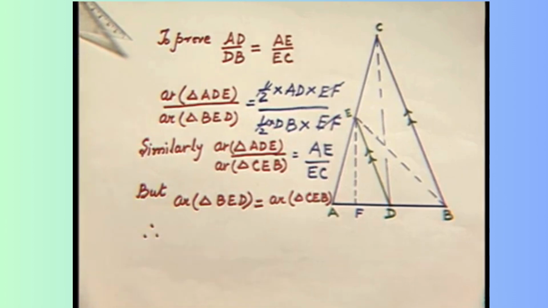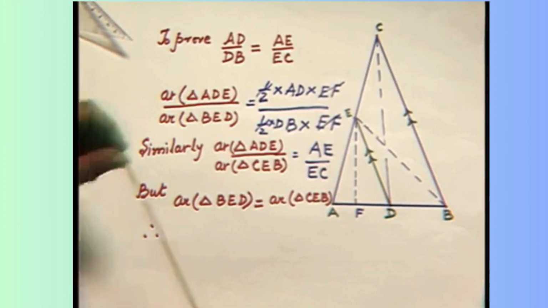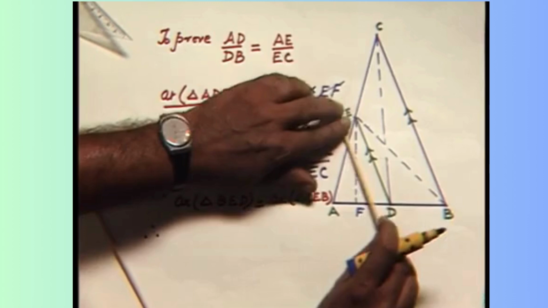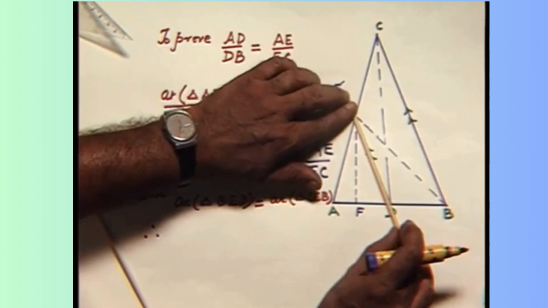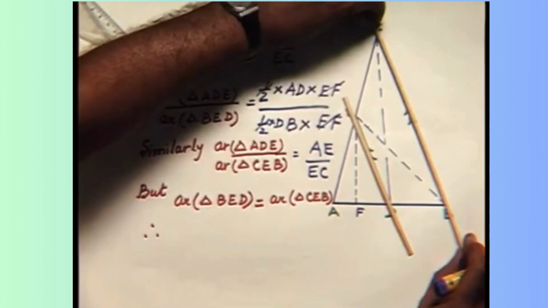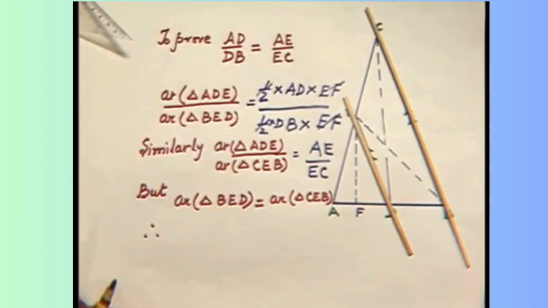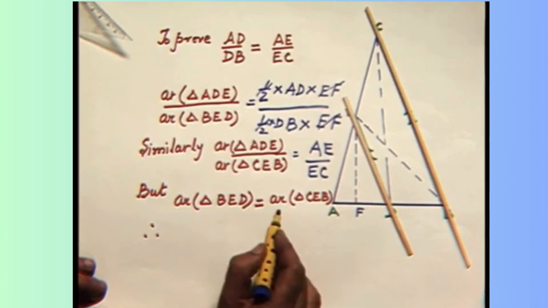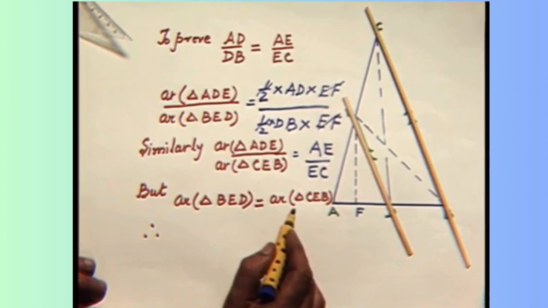But the triangles BED and CEB are on the same base, that is ED, and they are between the same parallels, these two. So therefore, area of triangle BED will be equal to area of triangle CEB.